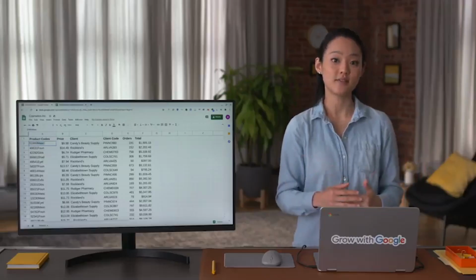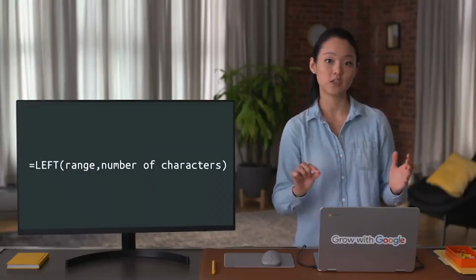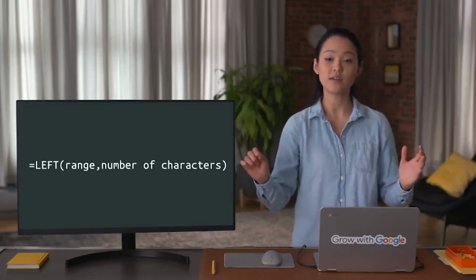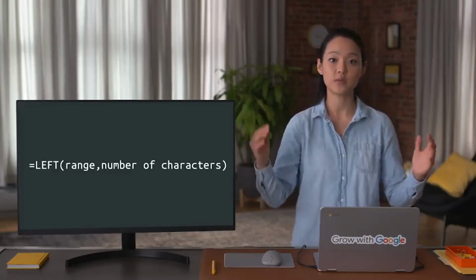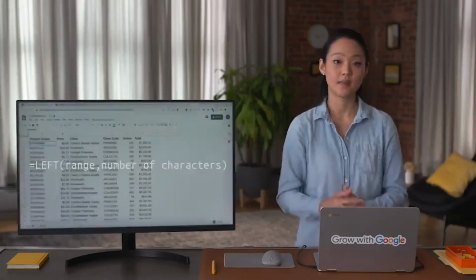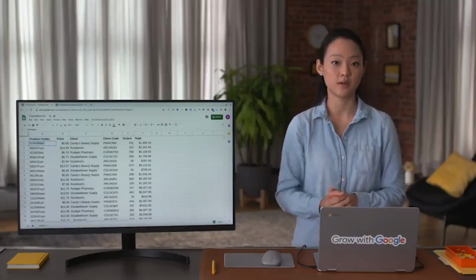The syntax of left is equals left, open parentheses, the range, a comma, and the number of characters from the left side of the text string we want. Then we finish it with the close parentheses. Here, our project requires just the 5-digit numeric codes.